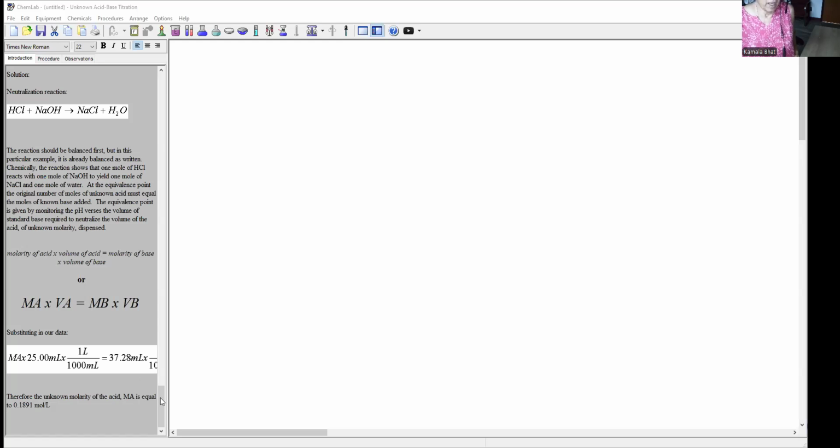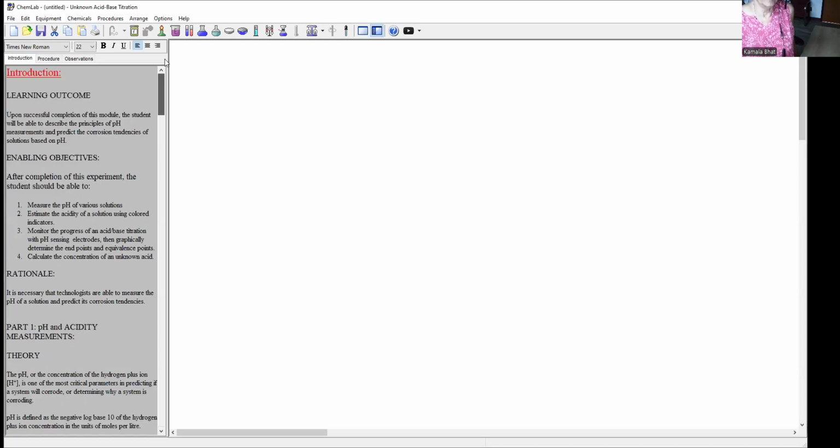Here, you can see it's the introduction to this particular unknown acid-base titration. You can see how well it is written. It says, what is the learning outcome?